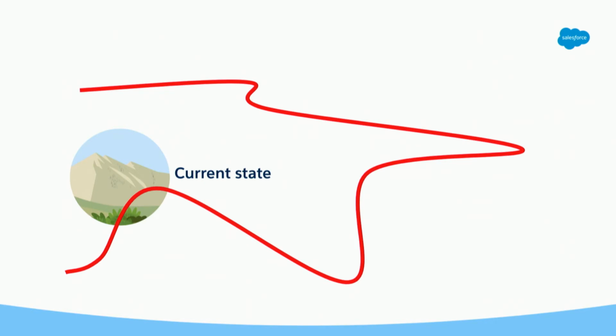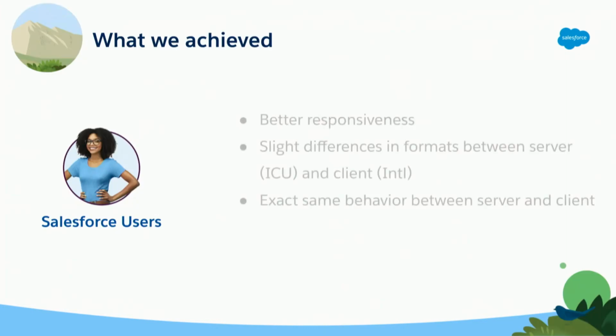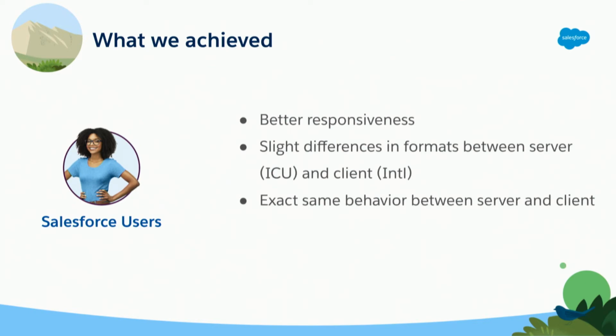So what's the current state? For Salesforce users, we have better responsiveness because we reduced those server calls. But because ultimately we decided to use the Intl for formatting in all places, there may be slight differences in formatting, whether it comes from the server, which is using ICU4J, or from the browser.